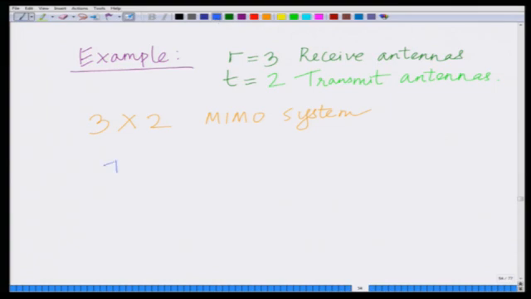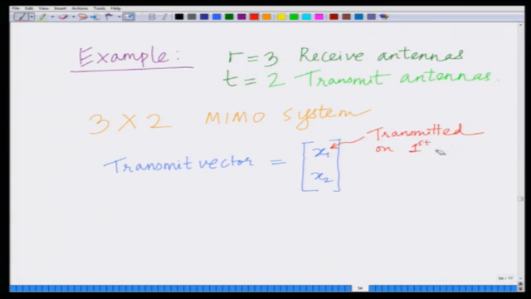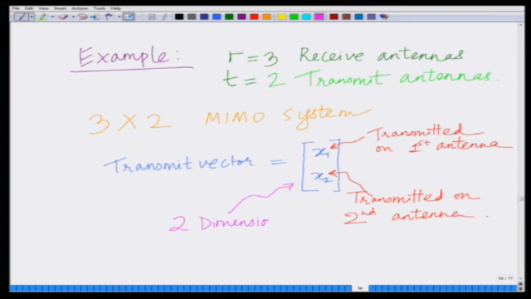Naturally, the transmit vector x equals x1 comma x2. x1 is the symbol transmitted on the first transmit antenna, x2 is transmitted on the second antenna, and therefore, naturally this is a two dimensional transmit vector.